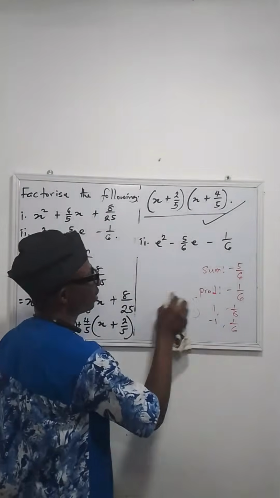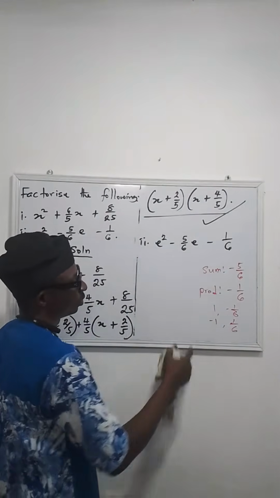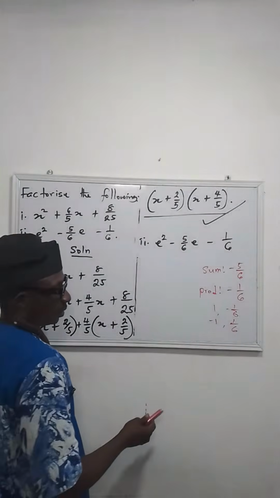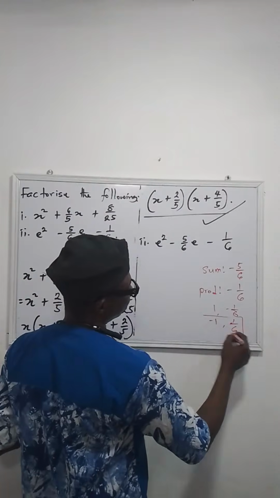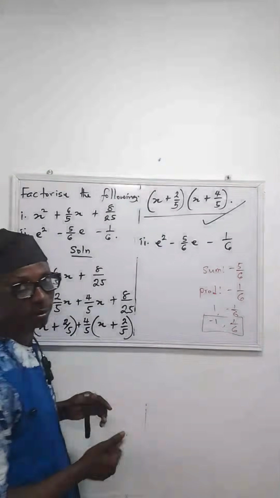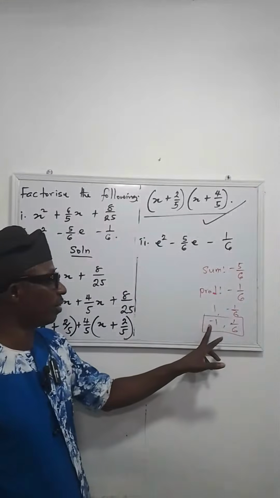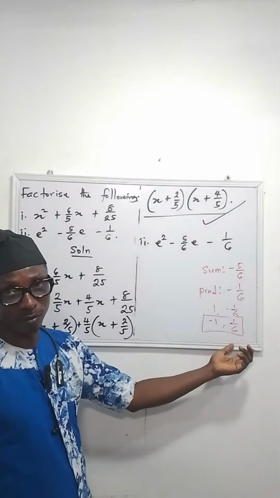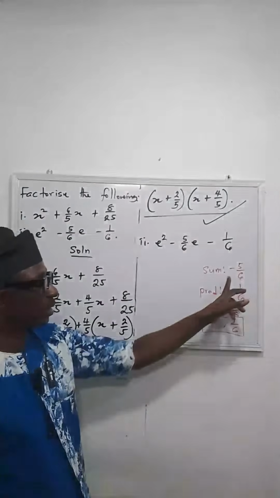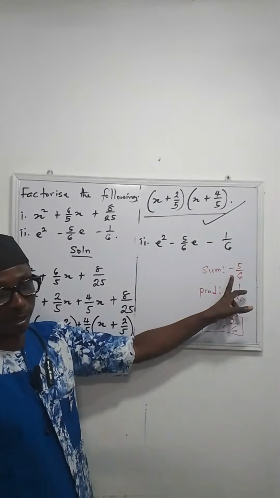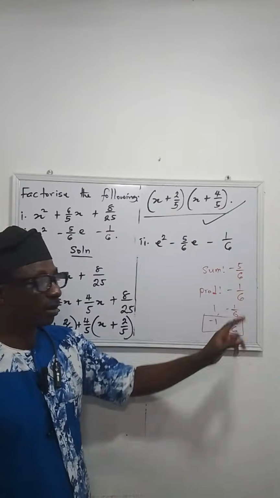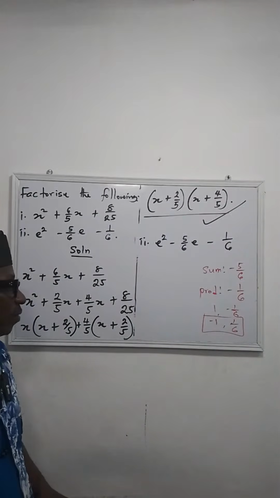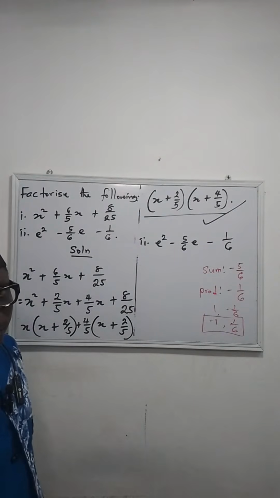So now the answer lies between these two. Which one is going to be appropriate? This is going to be the two numbers, because if you have -1, which is bigger than 1/6, we have a negative sum. When you multiply them together, you have the product. So the two numbers are -1 and 1/6.